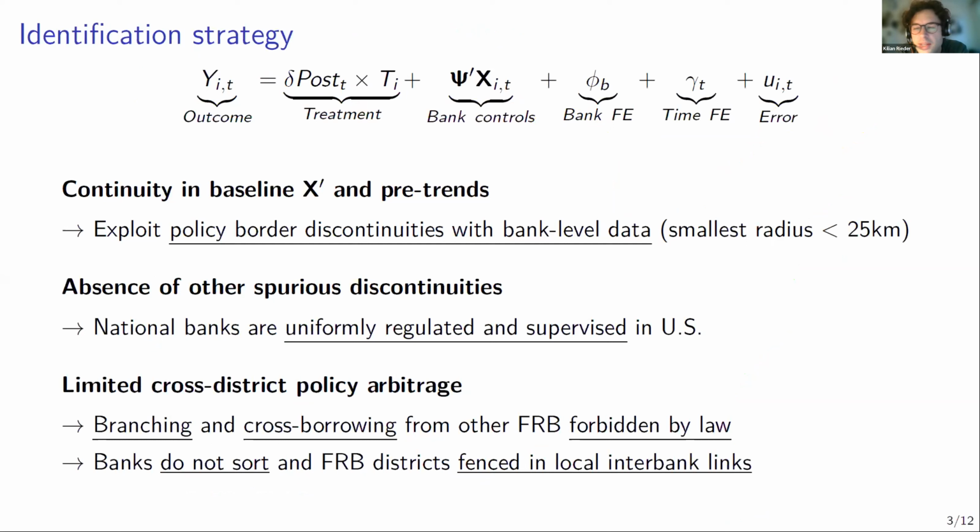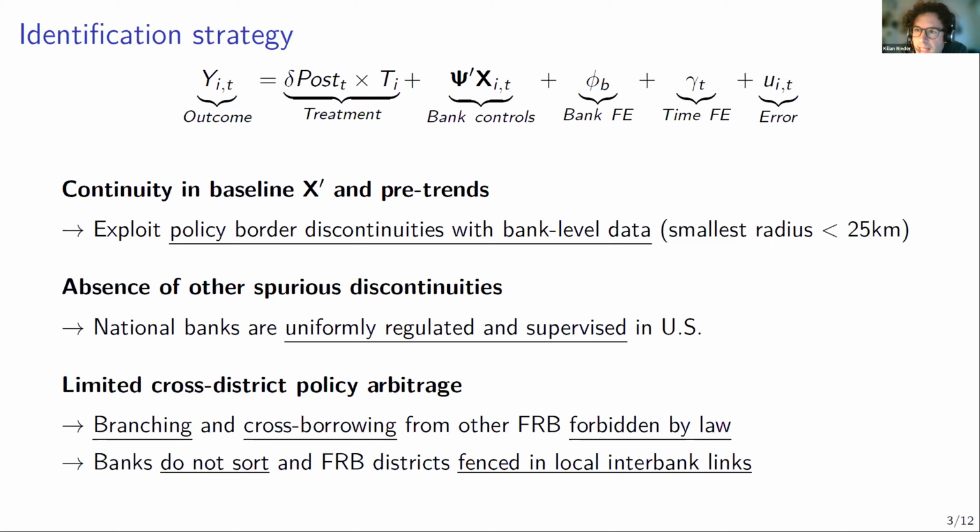And within these bandwidths, I can show that baseline covariates on the local economy and on the financial system locally, as well as pre-trends, are statistically identical essentially. So I can use a local difference specification to get at the effects of the policies.